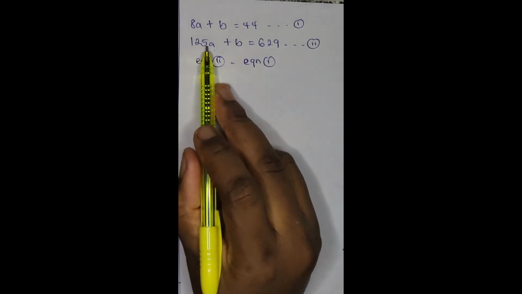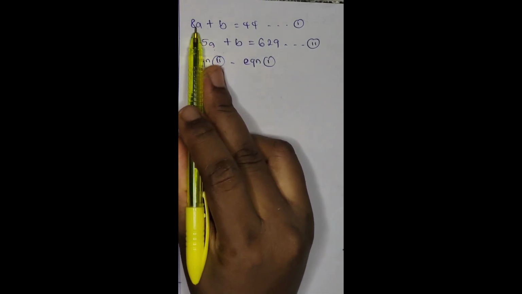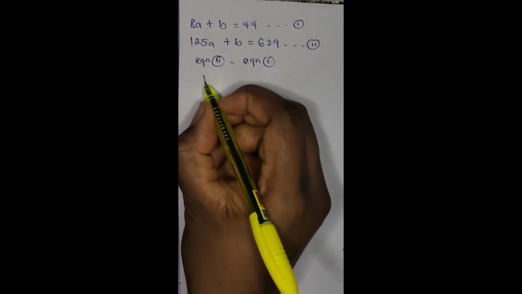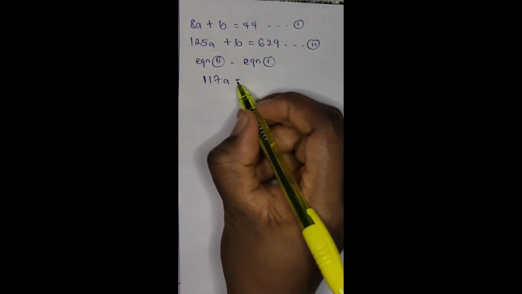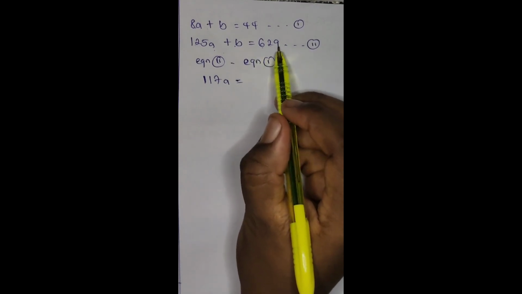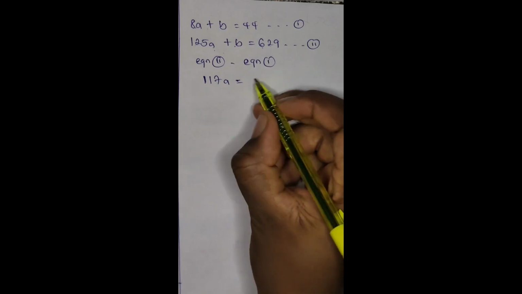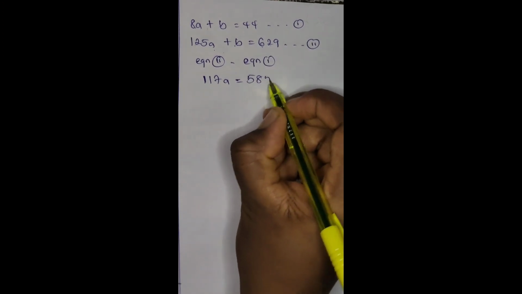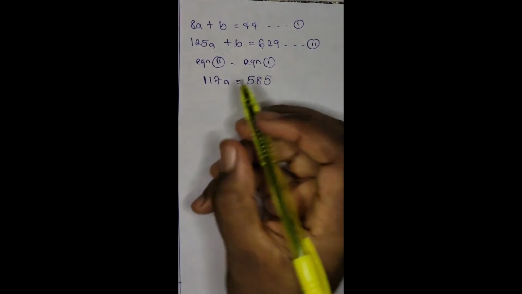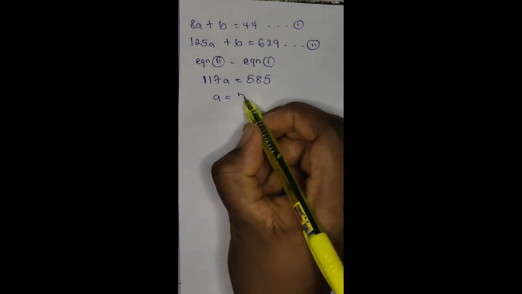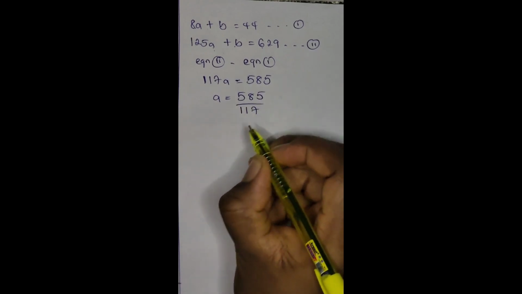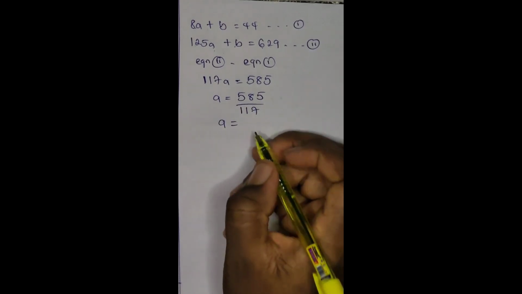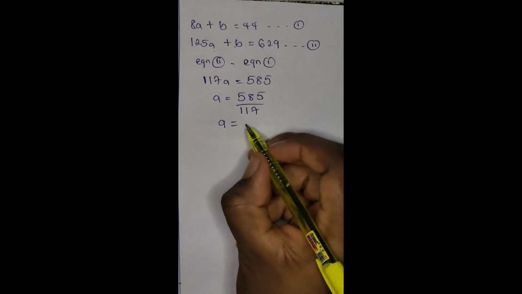This will give us 125a minus 8a, which is 117a. b minus b is 0, so that one is eliminated, equal to 629 minus 44, which will give us 585. So from here we can get our a. a becomes 585 over 117. So a is equal to 5.